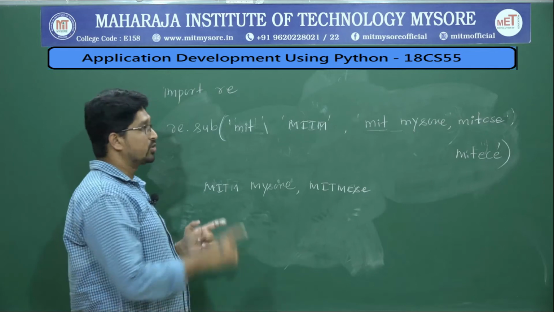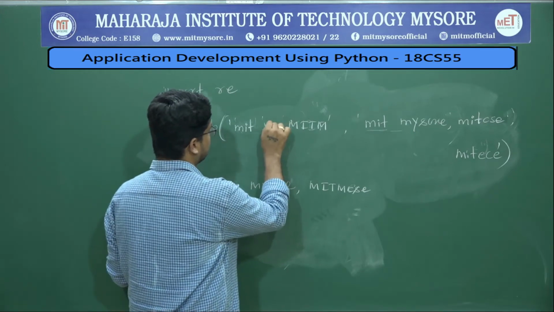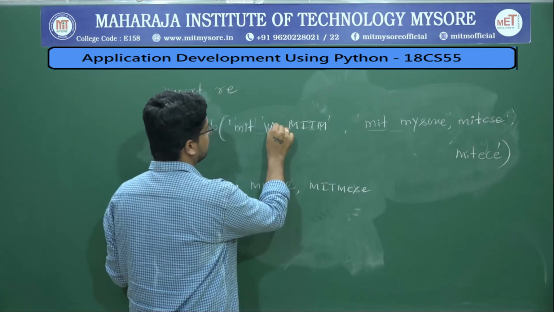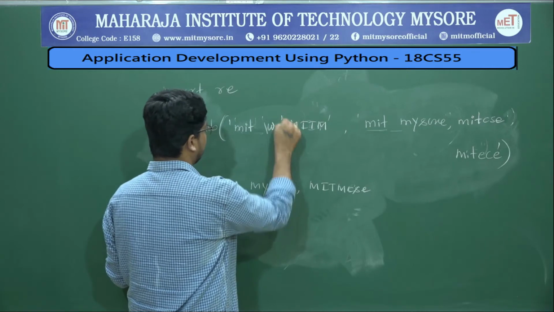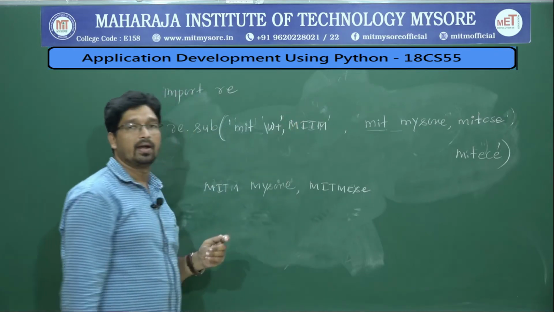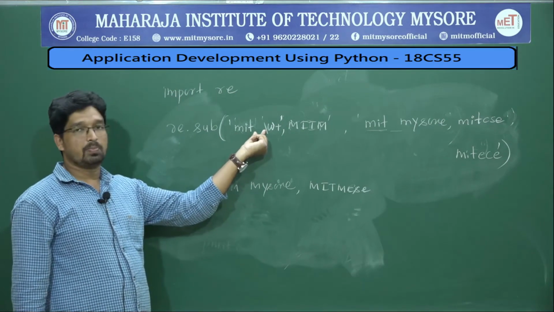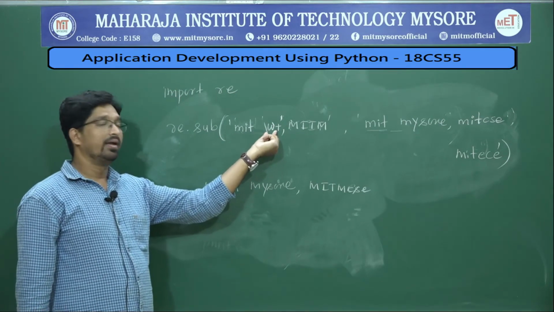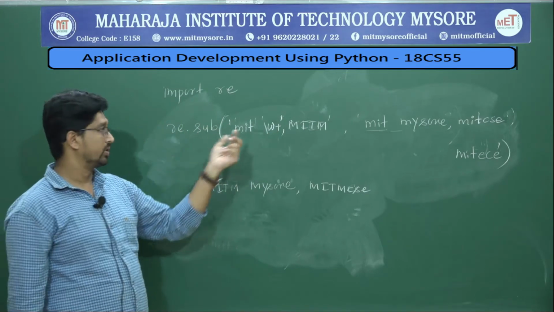Followed by some words. So \w+. This is how you write a pattern. Now it will check for MIT followed by one space, then any letter, number or underscore, that is \w.